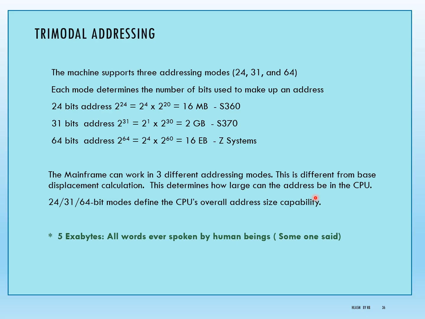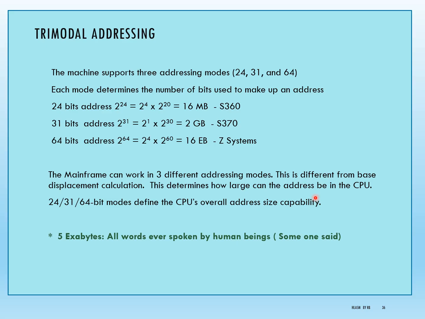In a nutshell, the moment you load a program, it will say, okay, what is my starting address, and in the end, it will say my starting address plus displacement.